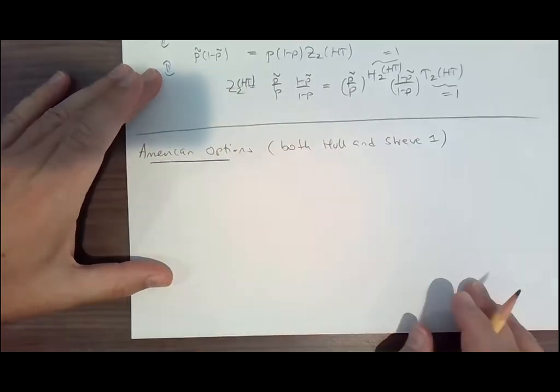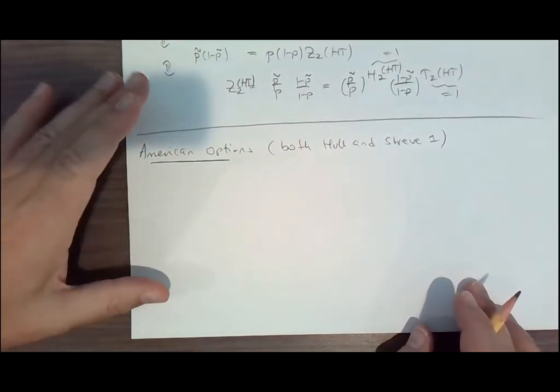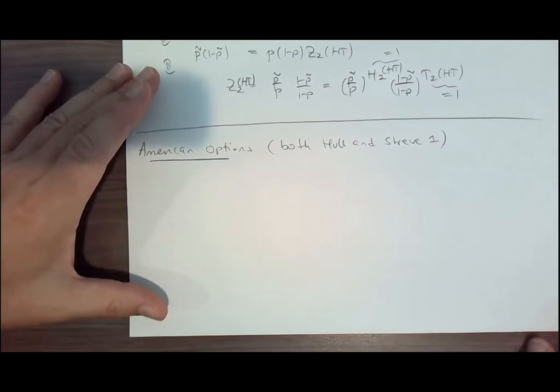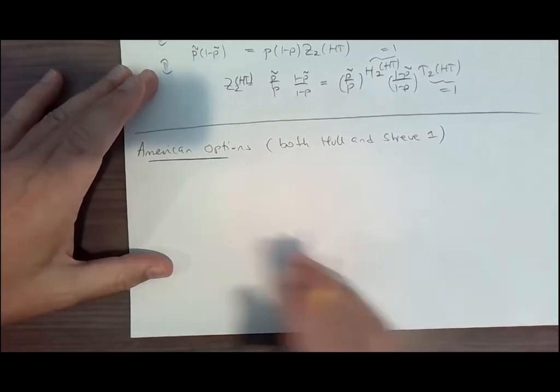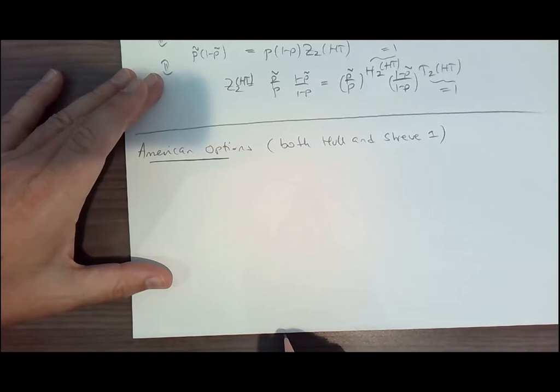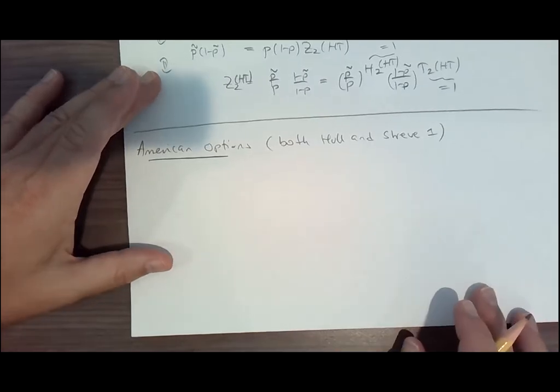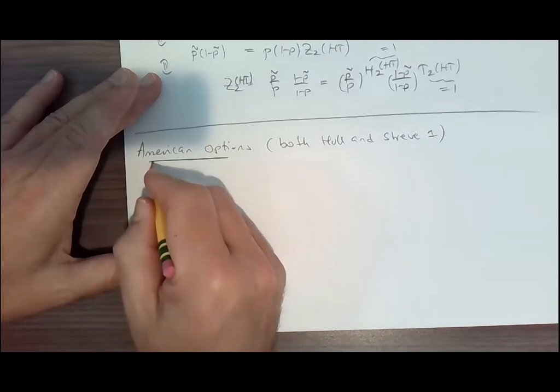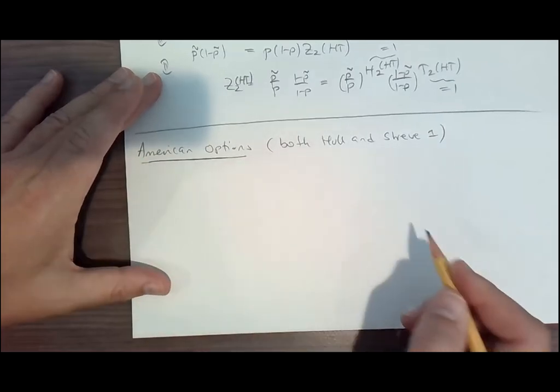So this has nothing to do with geography. It's just two names that are associated with these two structures. There are lots of others: Asians, Bermudans, Russians. There are lots of different types of options. The main ones are European and American options.